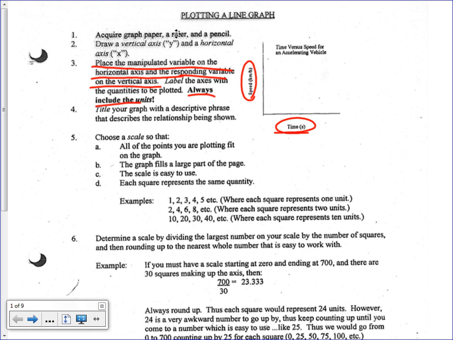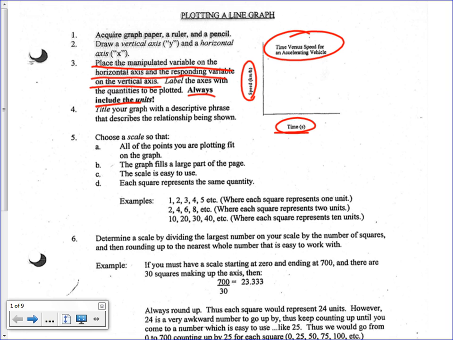And another thing that Excel won't automatically do for you is put a title on the top. And that title needs to be more than speed versus time. People can see it is a speed versus time graph by looking at the axis. There needs to be some context there. And you can see here, time versus speed for an accelerating vehicle.